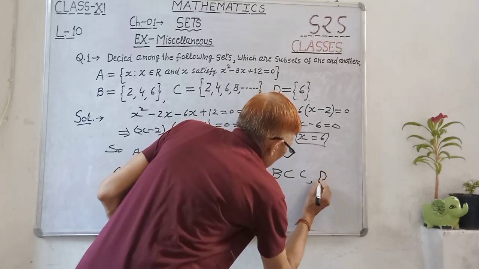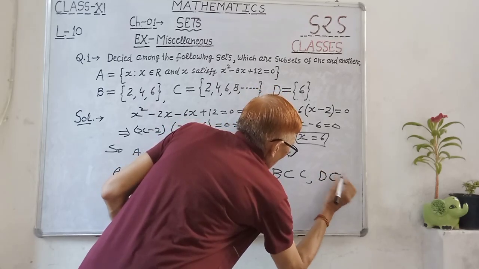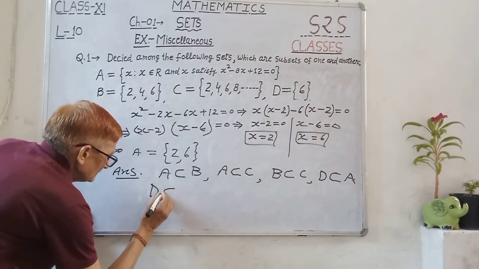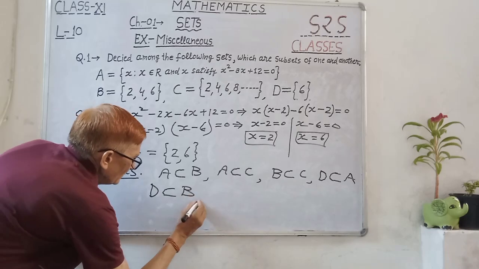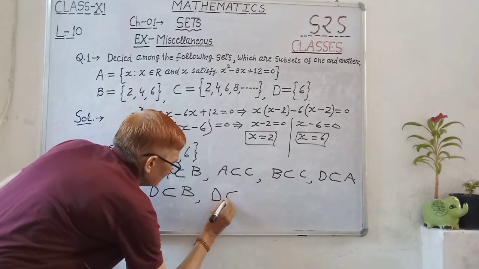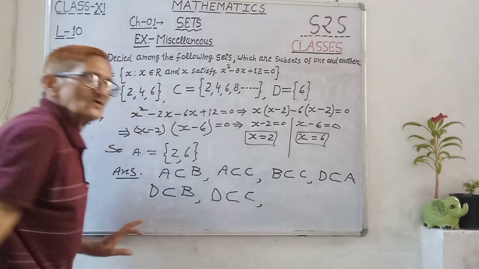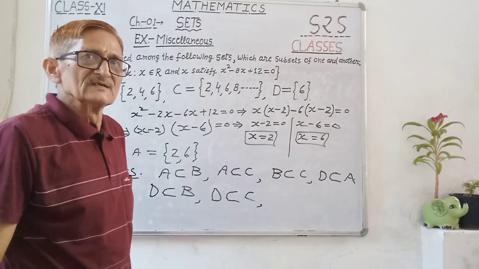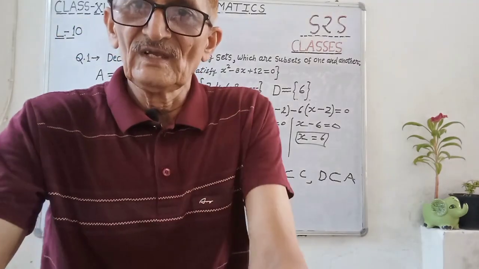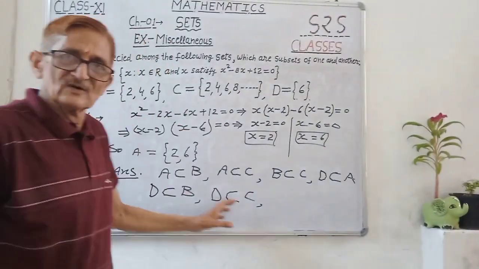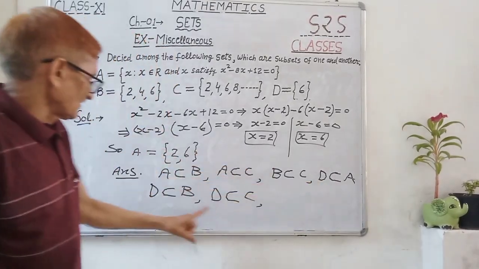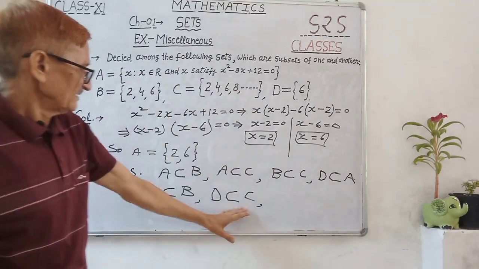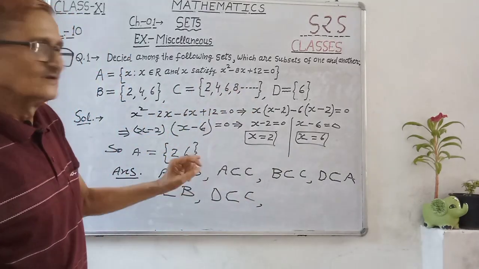So like this, each one is the subset of the other. Now this D is the subset of C also, and D is subset of B and A, okay. Now these are the subsets to each other, okay.